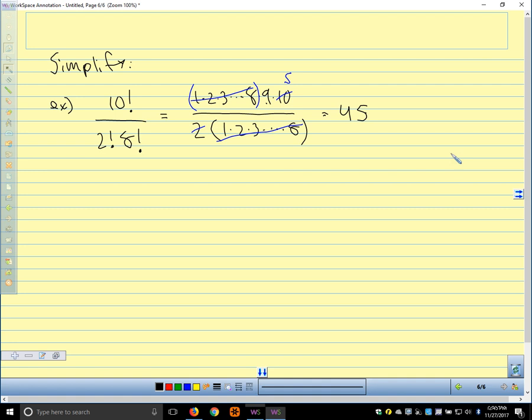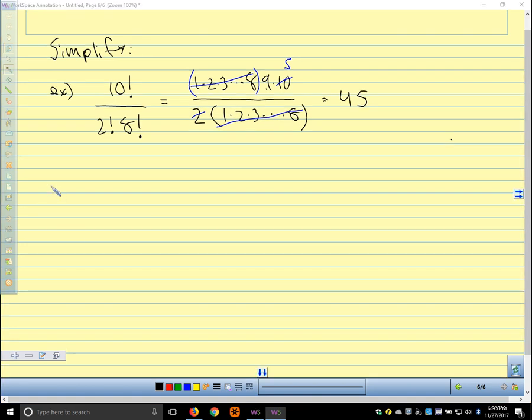In sequences and series, you may end up with a quantity. Let's make it a little more interesting. n factorial over n plus 1 factorial. Now, we cannot just cancel out the factorials. You cannot cancel out the factorials.